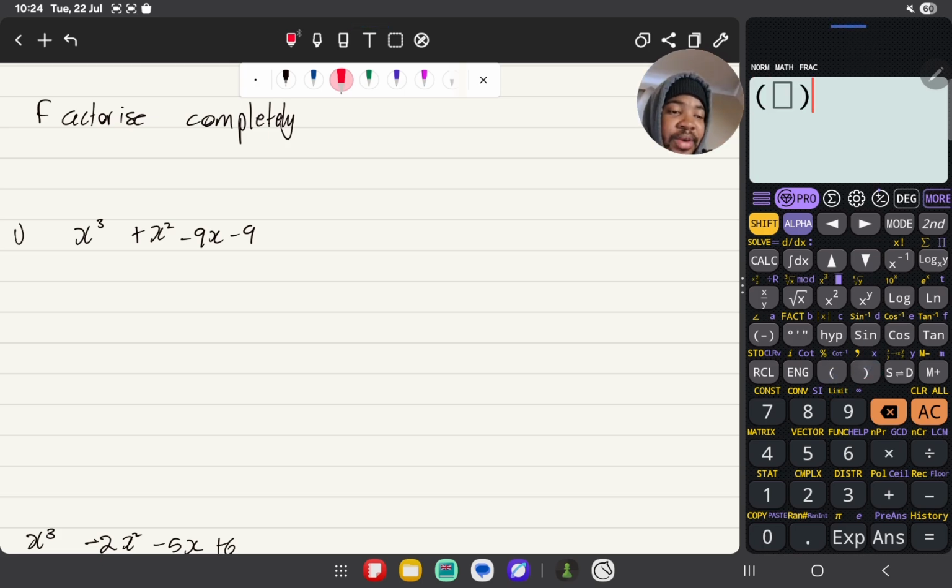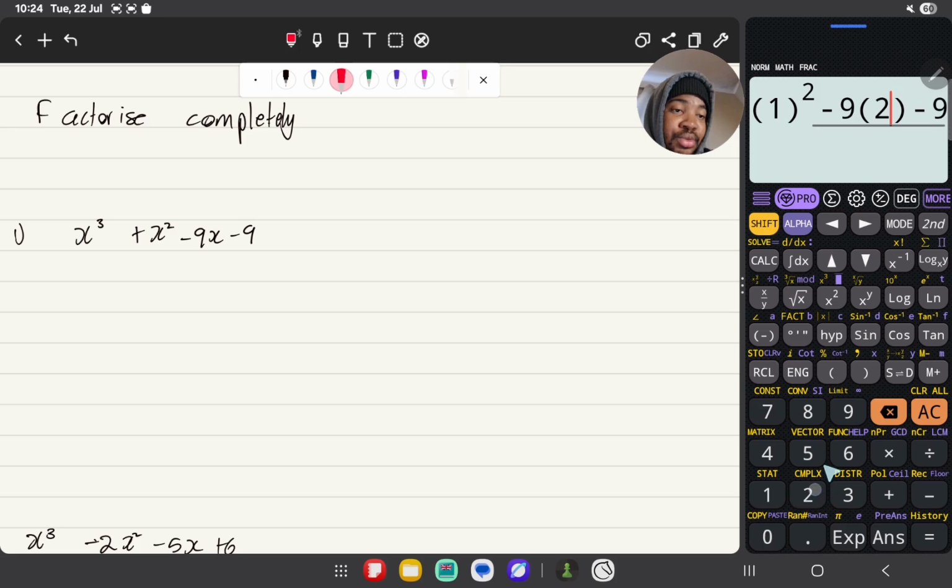So here you have x to the power of 3 plus x squared, minus 9x minus 9. So let's put in the values of x. We start with 1, just to see how much we get. For 1 we're getting minus 16. It's not a factor.